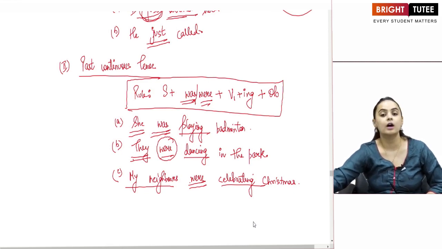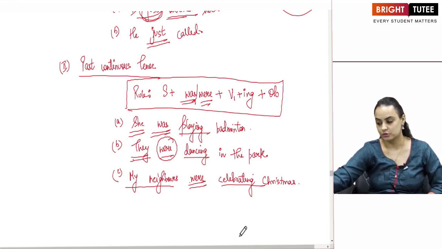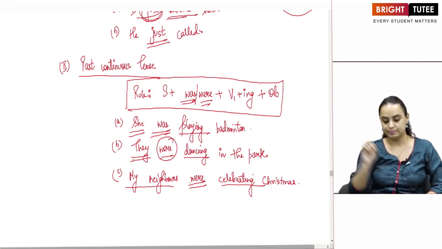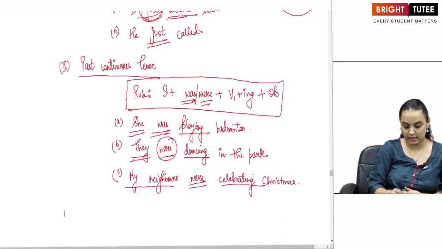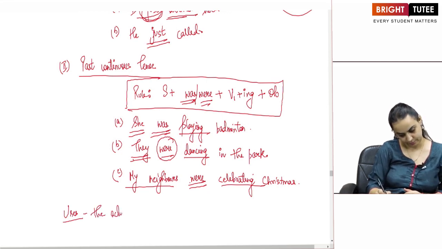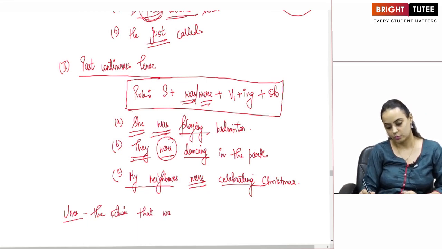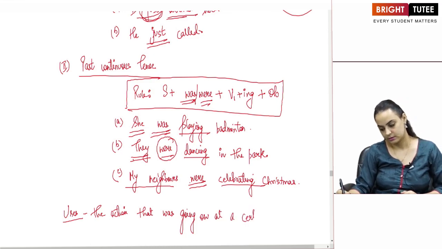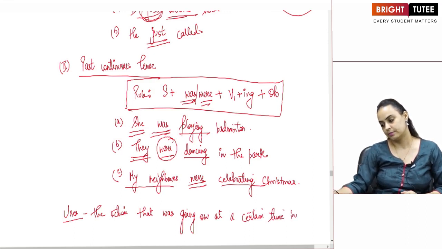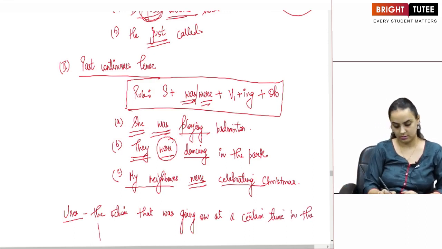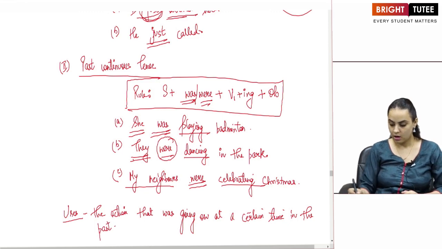Now, what are the uses of the past continuous tense? Simply, it talks about that action that was going on at a certain time in the past.